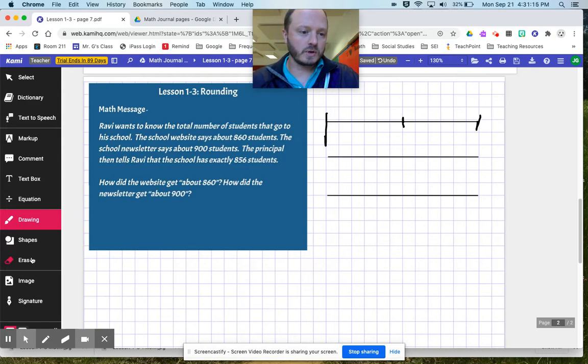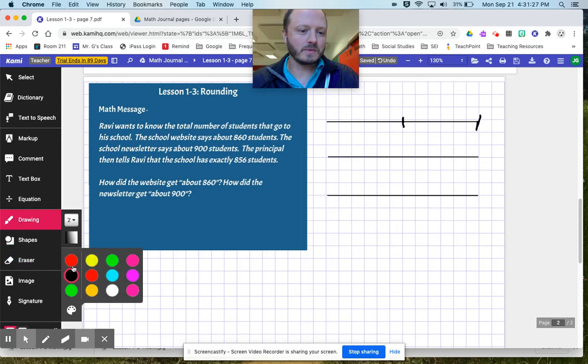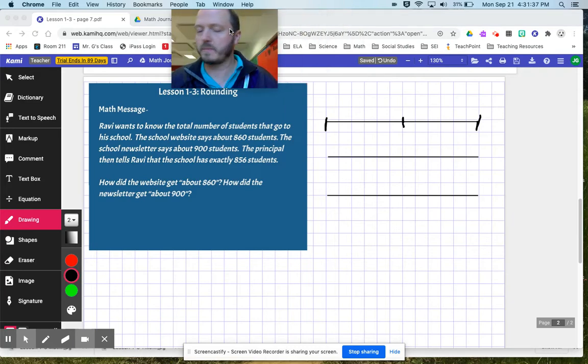Okay, and I'm going to try to use my eraser tool really quick. And let's see if we can, it just erased the entire thing. Okay, so we're going to try that again and use a drawing tool. And we're going to try to make a little mark here. That looks good. So we're going to go up even higher. I'm going to probably need to move my head a little bit. Okay. And let's see. All right.